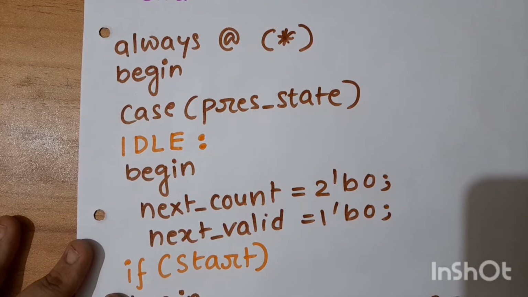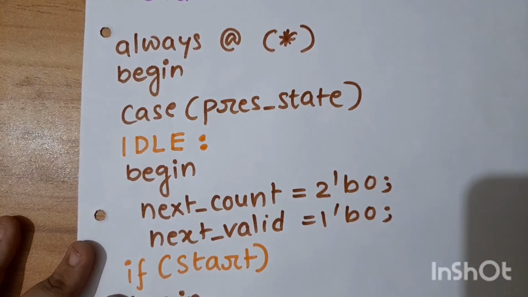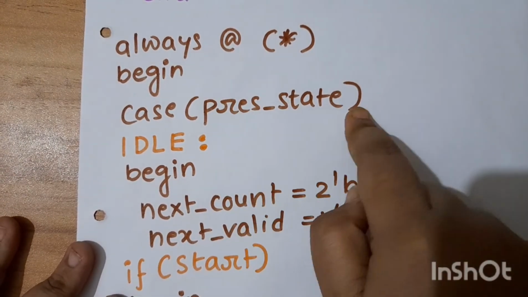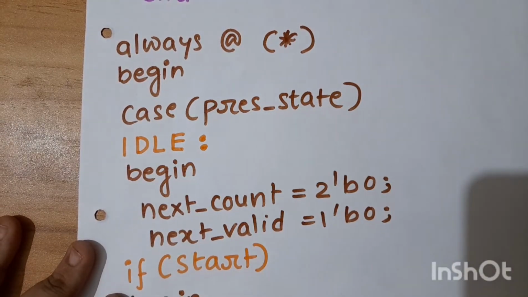Okay, so case present state means this is also a variable. If the present state changes, we will enter this block. If it is 0, it changes to 1. If it is 1, it changes to 0. In either of the cases, we will enter this always block.